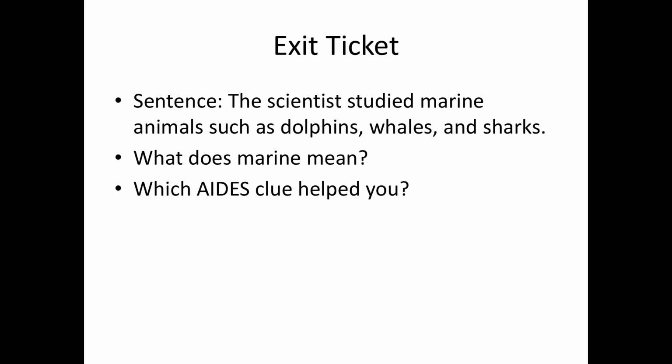So, which clue helped you? Was it the antonym? Was it the inference? Was it the definition? Was it the example? Or was it something similar? Make sure you write that down. You need to show it to me as usual.